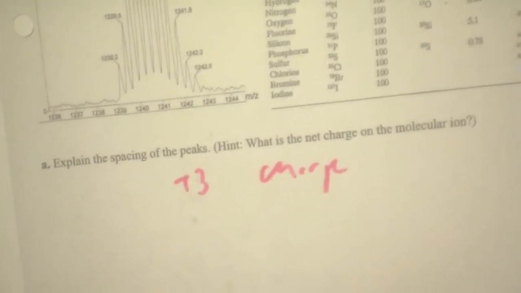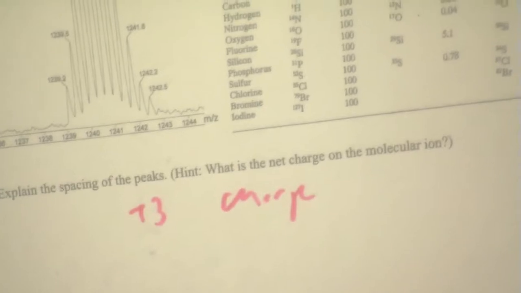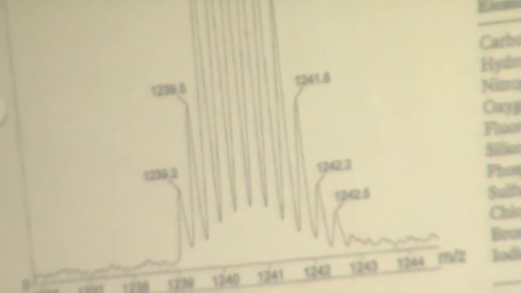So this is a +3 charge, and assuming that no sodiums are on the molecule, assuming this is just charged in the ESI, remember we said you can pick up protons or you can pick up sodiums. What does that tell you about what we would call this species? How many protons is this picking up? It'd have to be 3. So the species that we are seeing here is M plus 3H, 3 plus.